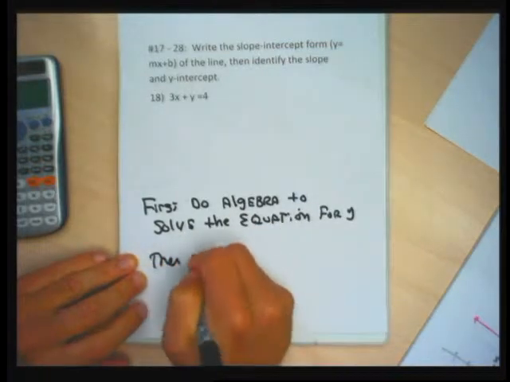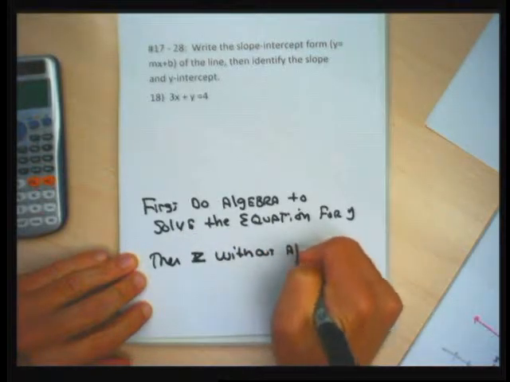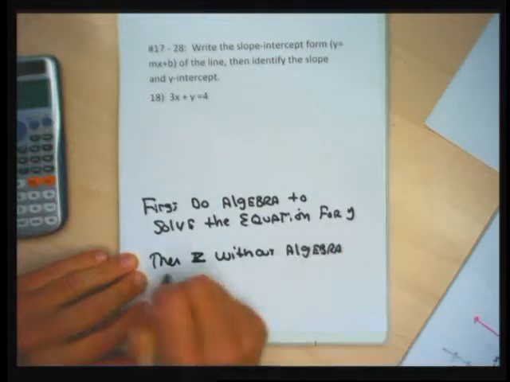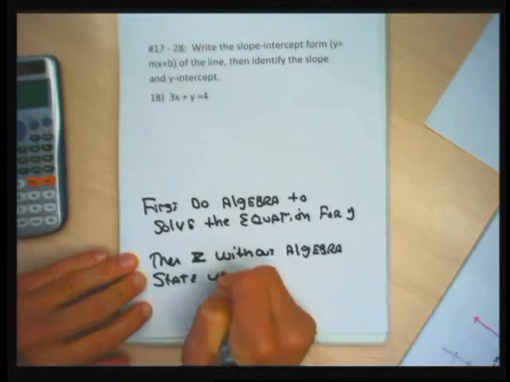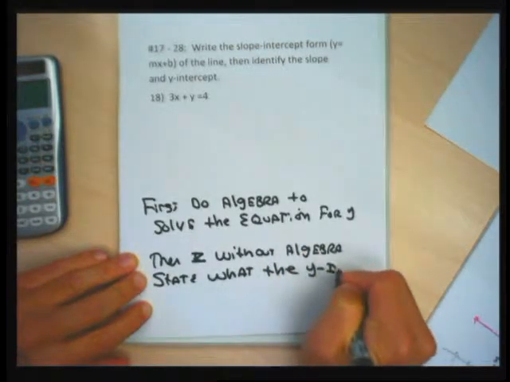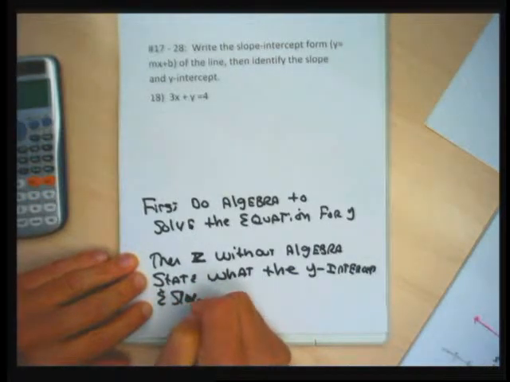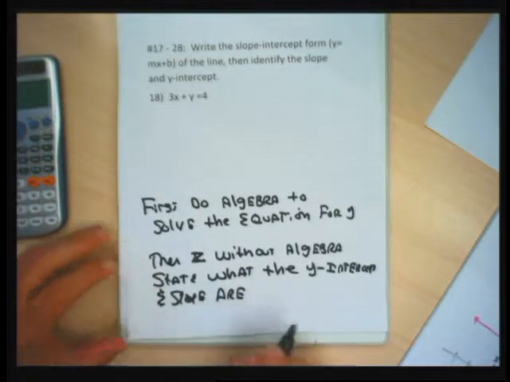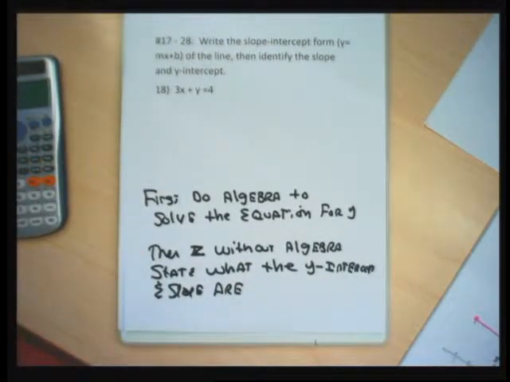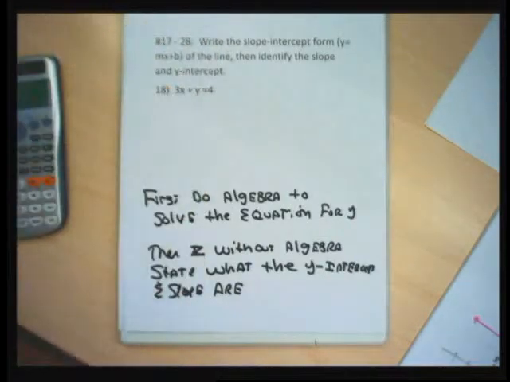Then, without algebra, state what the y-intercept and slope are. So every equation between 17 and 28 isn't solved for y, and in order to get the first part of the instructions done, I need to do algebra. It's either 1 step, 2 steps, or 3 steps, depending on how complicated the problem is.